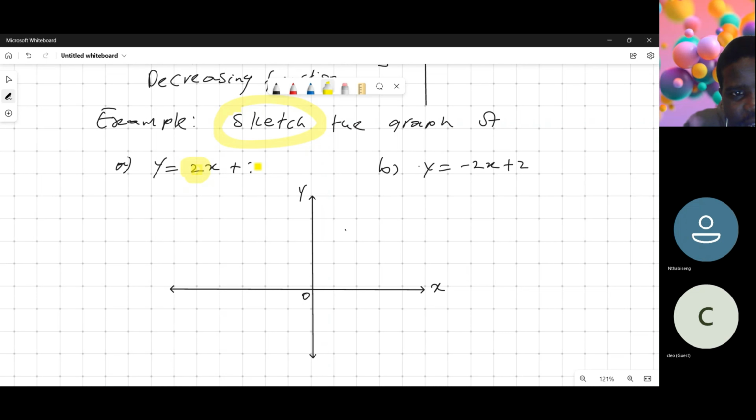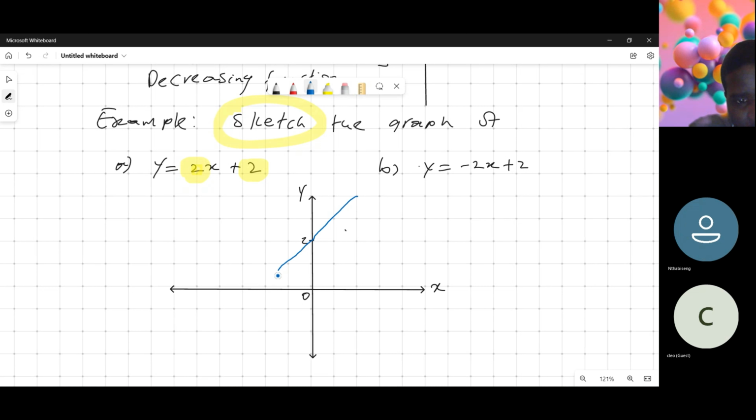And then the other thing is that your y-intercept, the graph is touching the y-axis at +2. So I will call this my +2 here. This is the point that I need. Then I'm sketching the graph. After I indicate this +2, I'm going to sketch my graph.